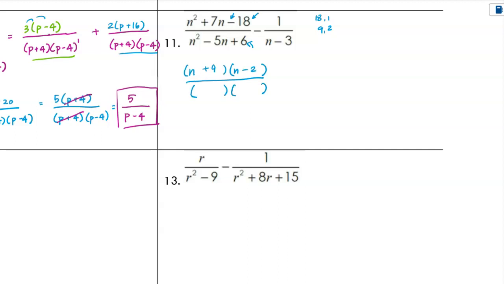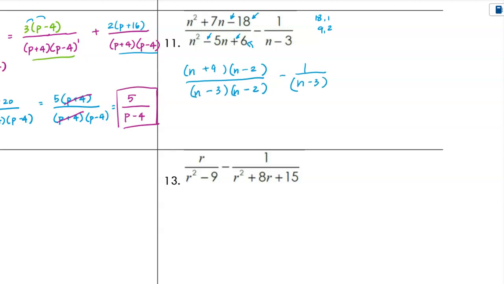Let's go ahead and factor the denominator. That sign right there on that 6 tells us that the two signs of the second term of that factor are going to be the same. The negative tells us that they're both negative. So n, and then we have a 3 and a 2. 3 plus 2 is going to be, yeah. Okay, let's see. And then we have a 1 over n minus 3.